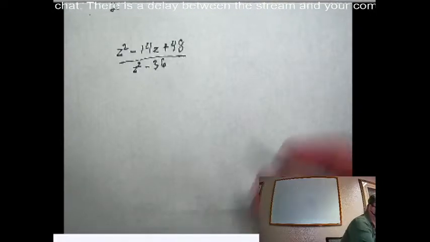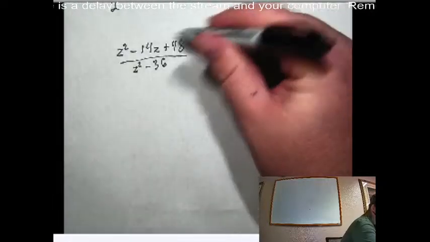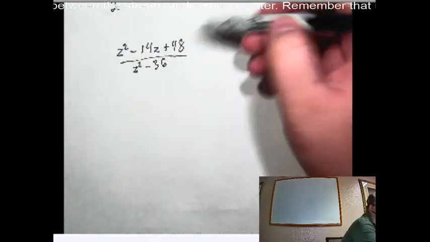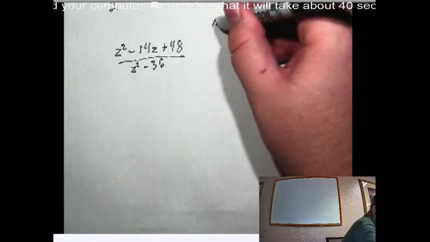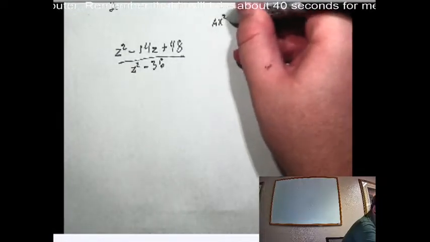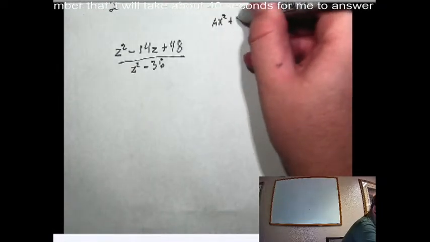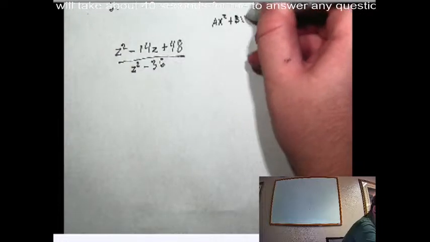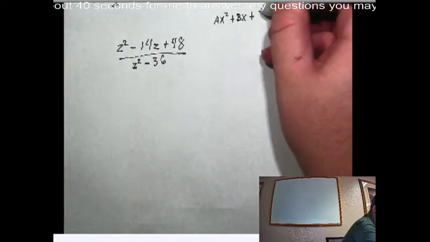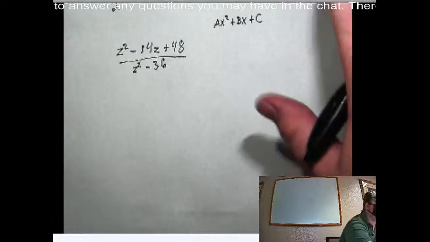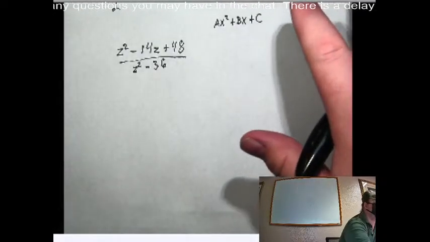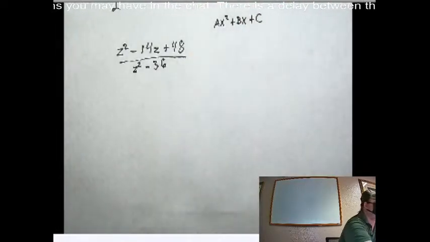Okay, I'll give us a hint. All of these trinomial things, these quadratics, are in the form ax squared plus bx plus c. And the method we use is two of these letters.